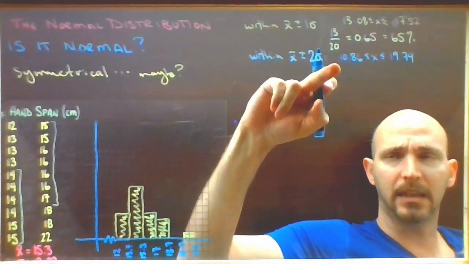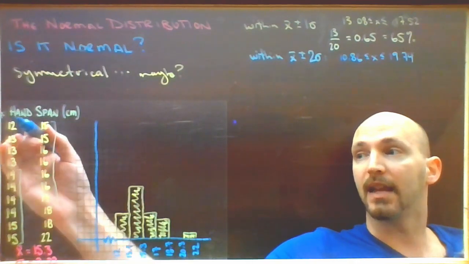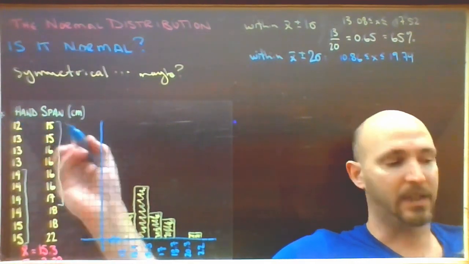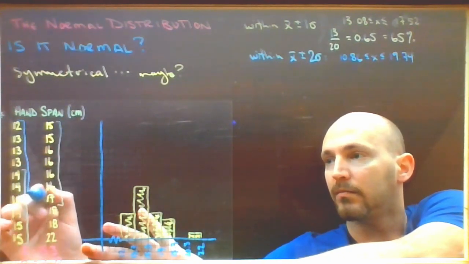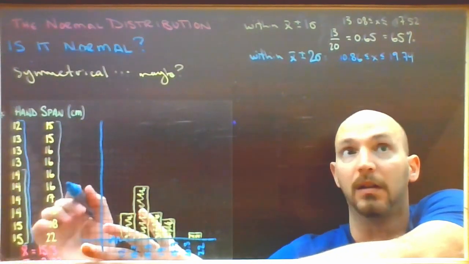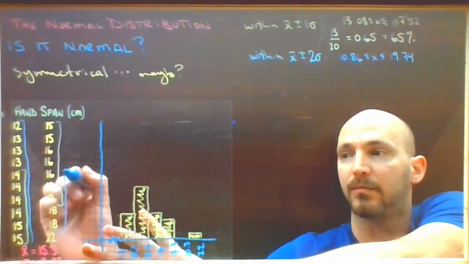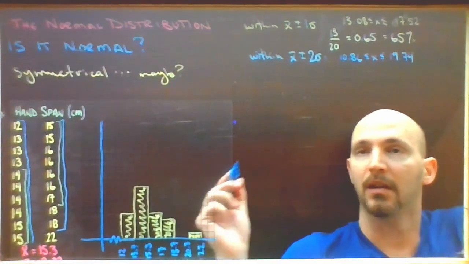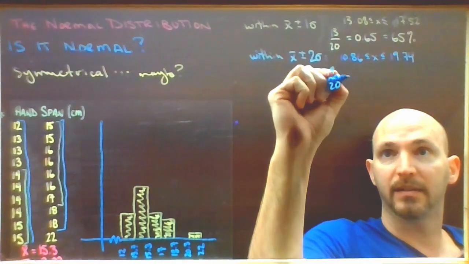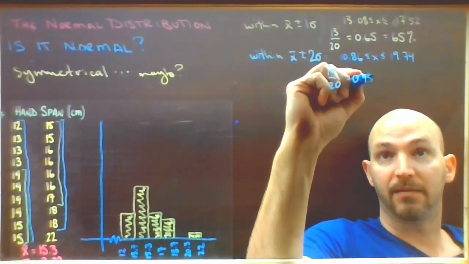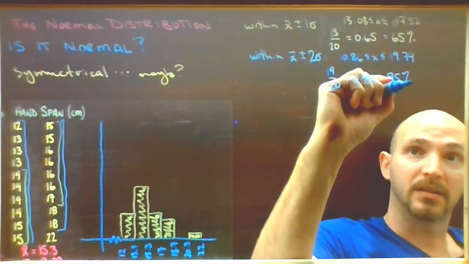So that would be the 11s up to the 19s. So that extends to encompass all of these, up to the 19s, and these ones as well. So that grabs 19 out of the 20 data points, which is 95%. Now that's exactly what we were hunting for. So that's encouraging.